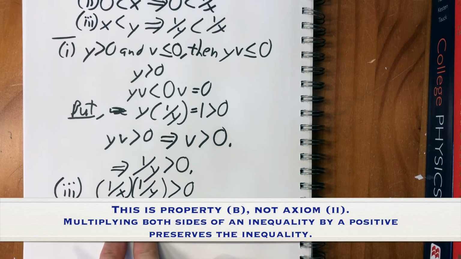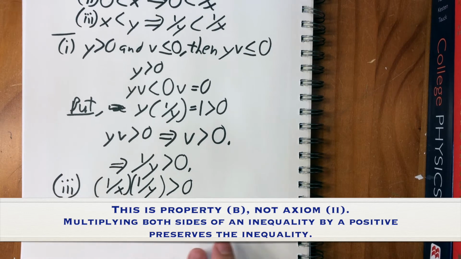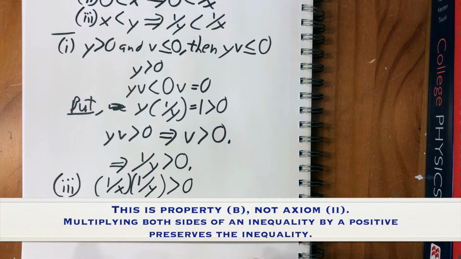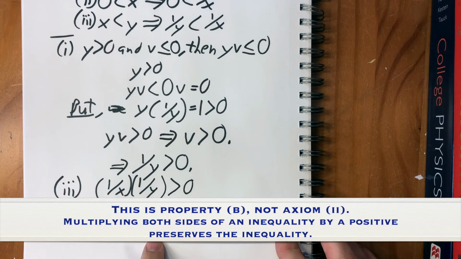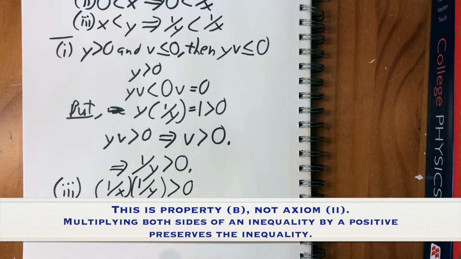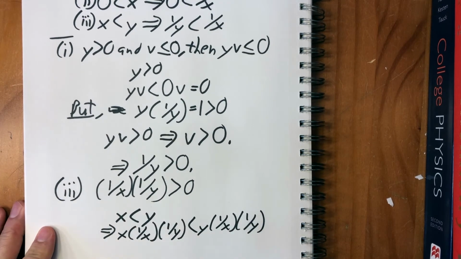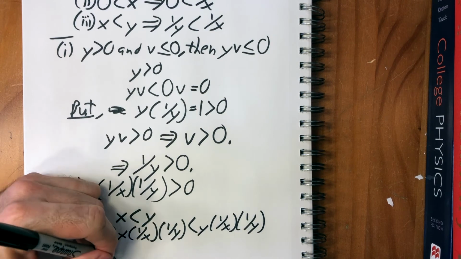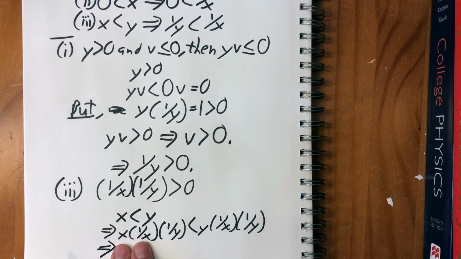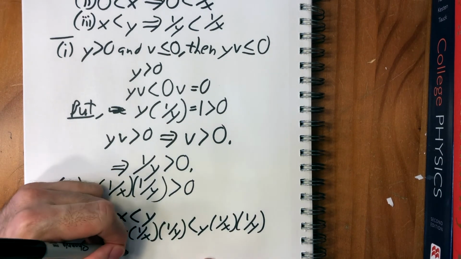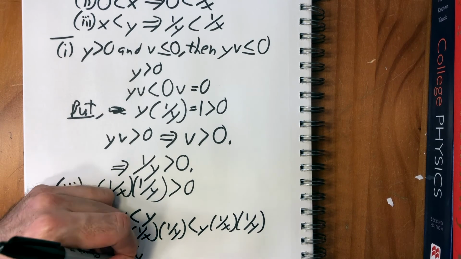If you have an inequality, then multiplying the same thing on both sides when it's greater than 0 preserves the inequality. We showed that this is greater than 0, so if we multiply both sides by something greater than 0, it maintains the inequality. Then x times 1/x is just 1, so that leaves us with 1/y.